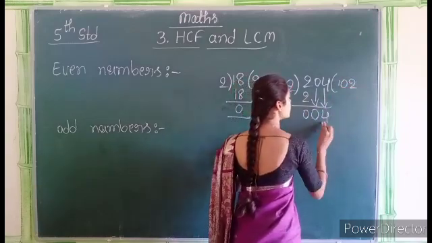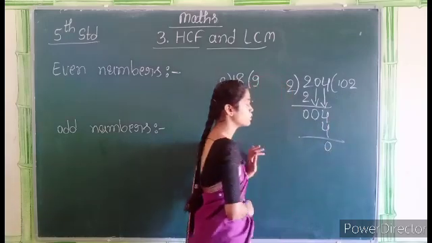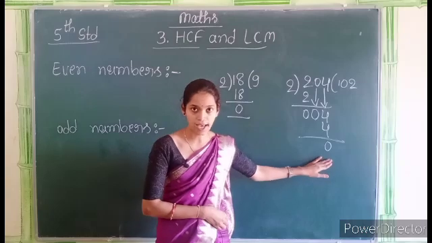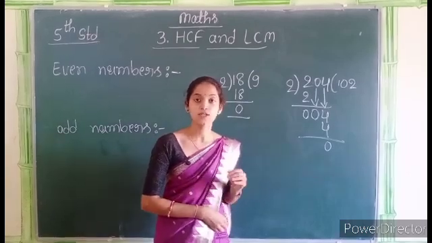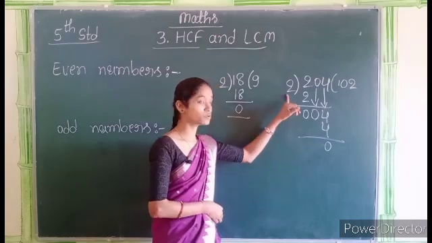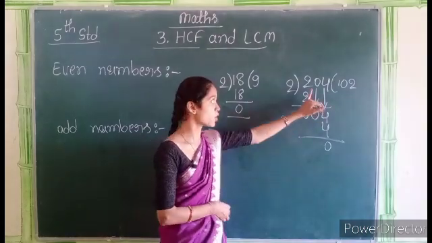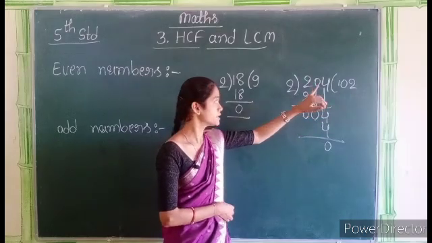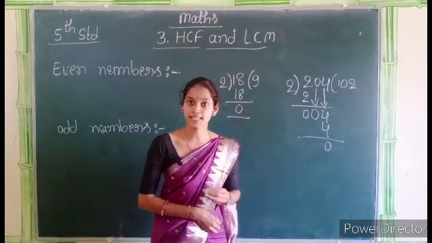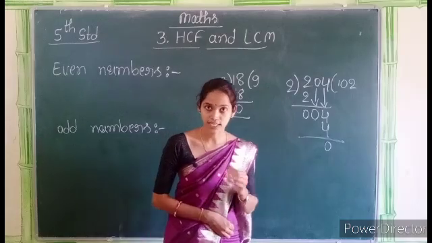Then 2 2s are 4, 4 minus 4 is 0. We finally get 0 as remainder. So if we divide any number by 2 and there is no remainder, that number is called an even number, and here 204 is an even number. Have you understood? This is about even numbers.